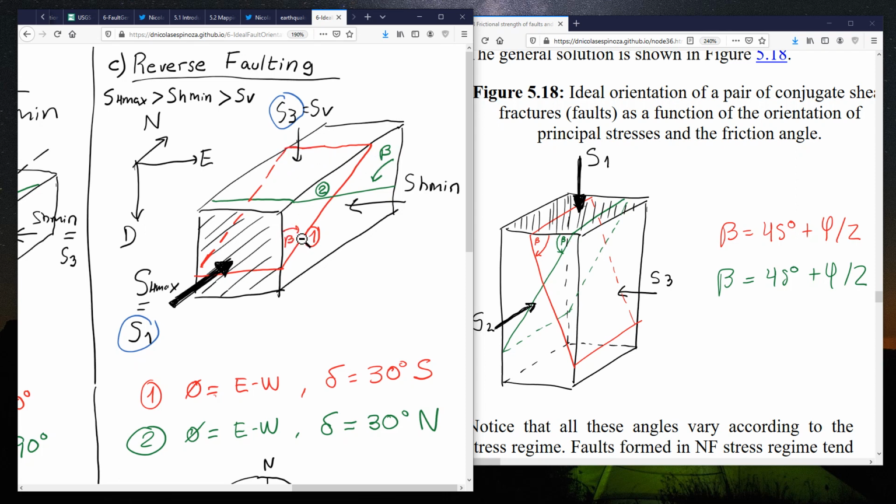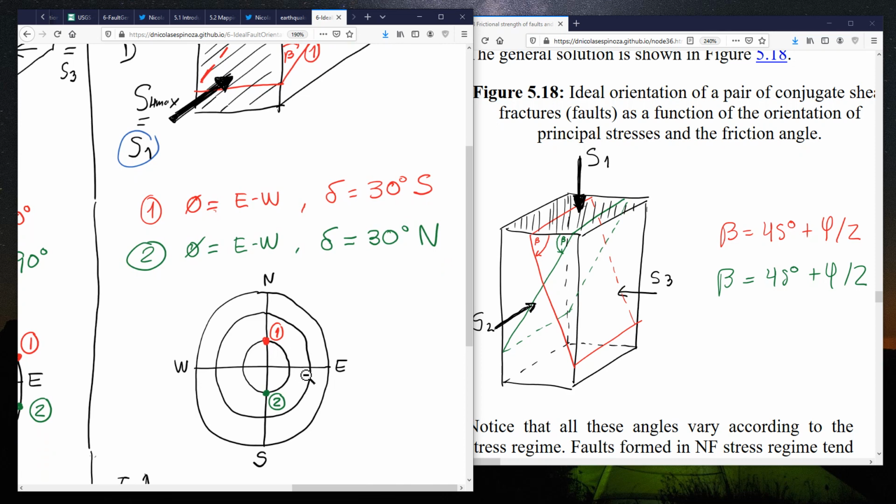So in this case, the dip is equal to 90 degrees minus beta, and the strike is defined by the direction of the horizontal stresses, SH max and SH min. What is going to be the strike in this case? Well, the strike lines are going to be the same, and it's east-west in those two cases, and as we said, the dip is going to be 90 degrees minus 60 degrees, which results in 30.